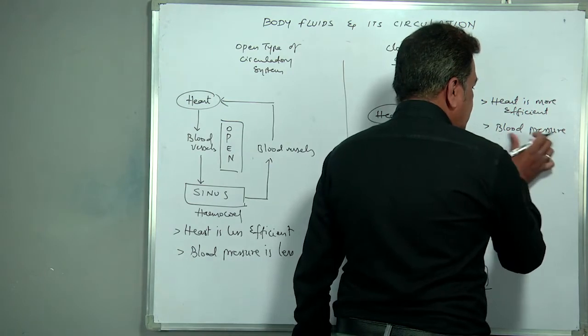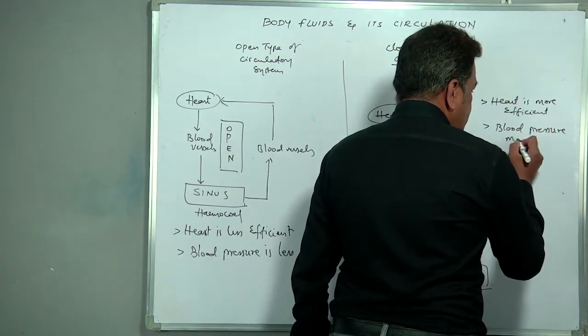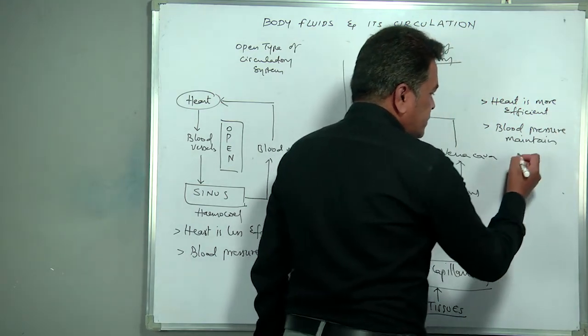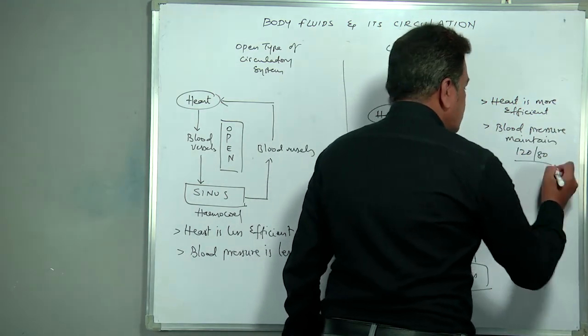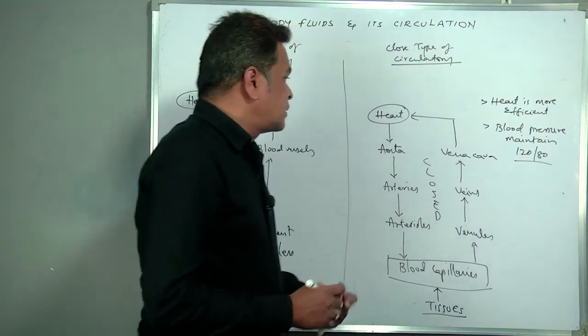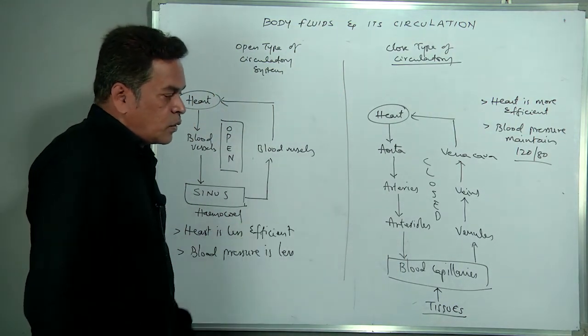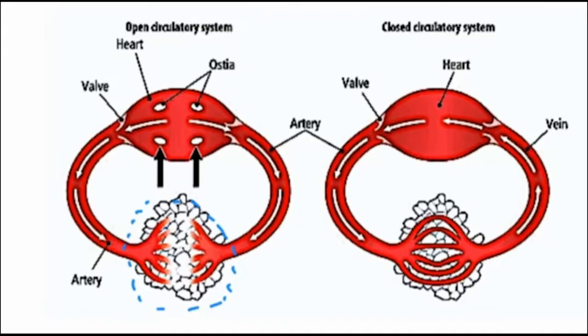Don't get confused: instead of high, I use the words the blood pressure here maintains, like 120 by 80 in the case of human beings. So you can differentiate the open and the closed type of circulatory system.